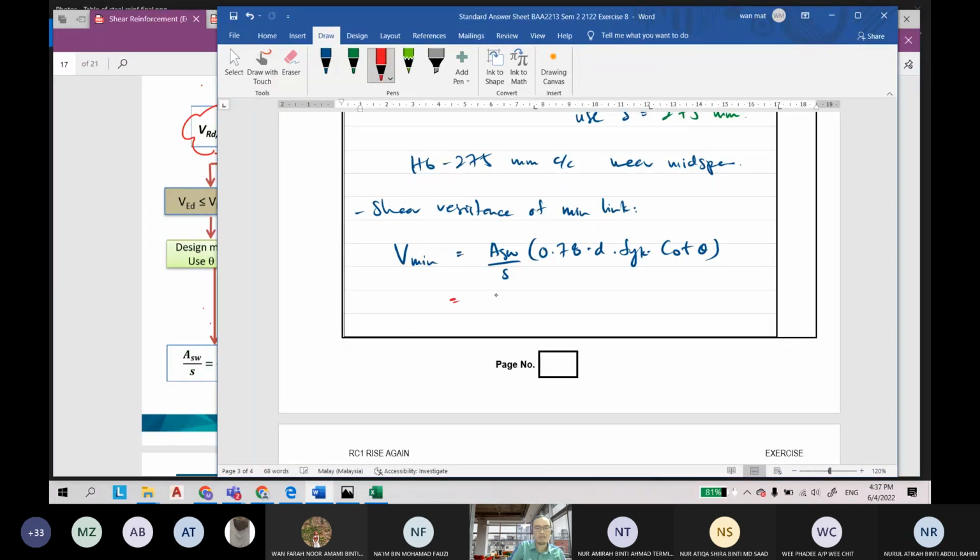So equal to 56.5 divide by, use this S 275, and then 0.78 times 500 times 500 times 2.5. What is the value of V minimum?